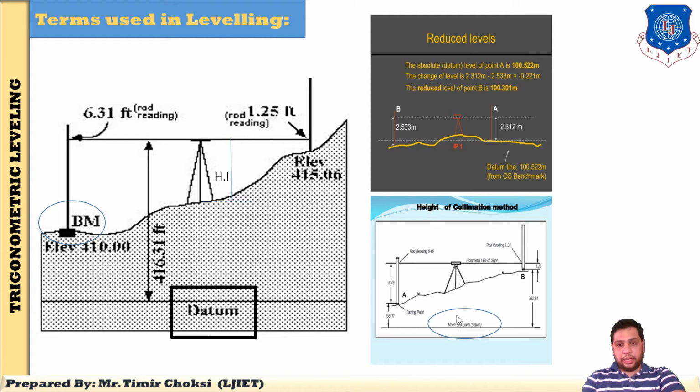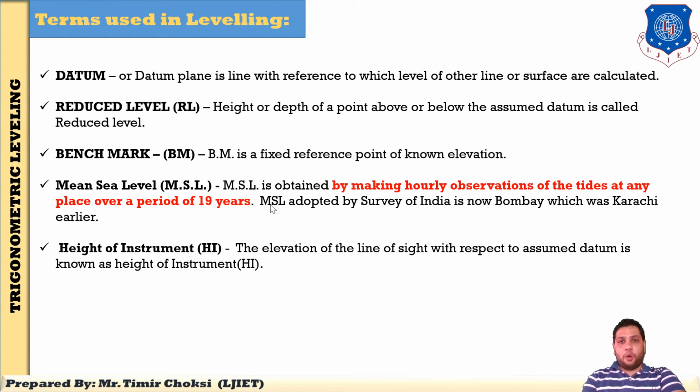So I have clearly shown in a photograph MSL in a bracket datum. So MSL is obtained by making hourly observation of tides at any place over a period of 19 years, and then you finalize the MSL.